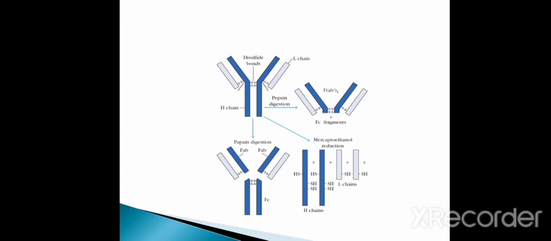Here the diagram of digestion with papain is shown: papain cleaves the immunoglobulin molecule just above the disulfide bond of the hinge region. It results in 3 fragments, 2 Fab fragments and 1 Fc fragment.